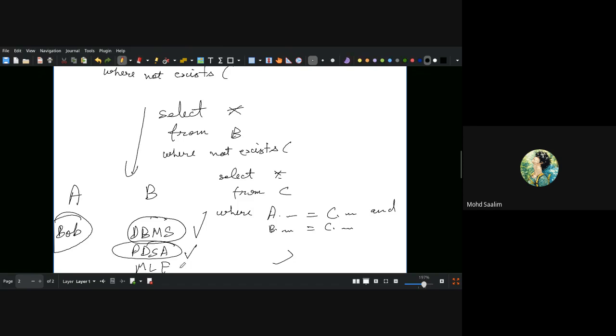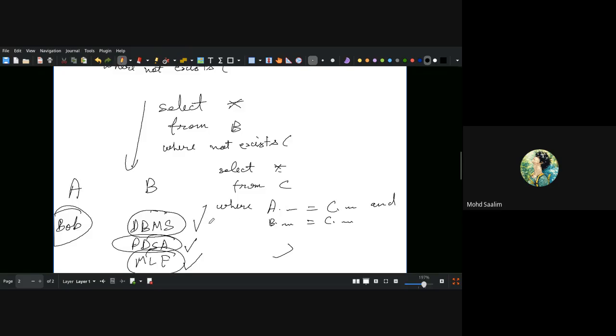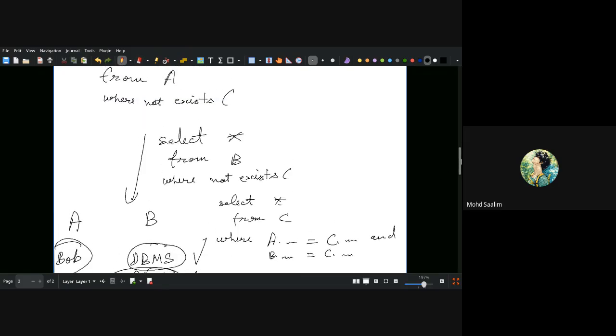Same for PDSA, same for MLF. If there is no association, then only they will be selected. But if they are selected, what will this not exists return? Will it return true or will it return false? False.